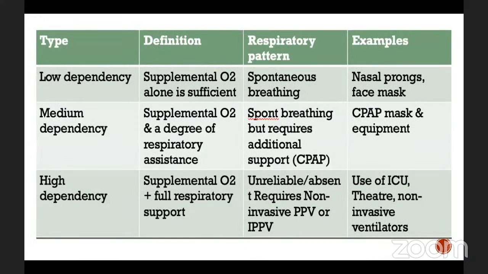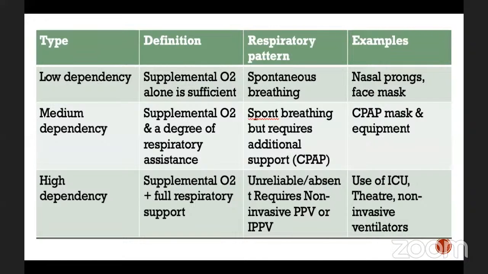Now, looking at that table, you understand that low dependency should be indicated for patients that require just supplemental oxygen to sustain life. They must be breathing spontaneously, and nasal prongs and simple face masks can achieve this for us. If we're looking at medium dependency, they require supplemental oxygen and are breathing spontaneously.